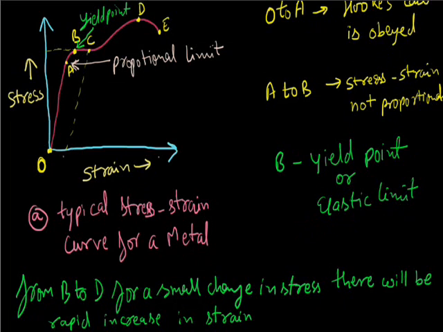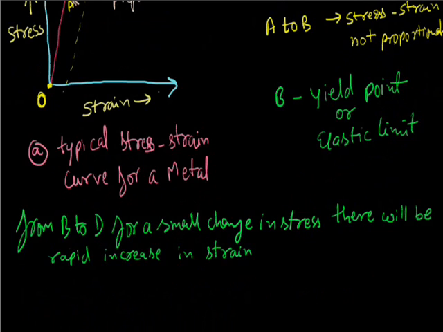If I remove the force, the stress will be zero, but the strain will not be zero. So any deformation there will be permanent, and this is called plastic deformation.